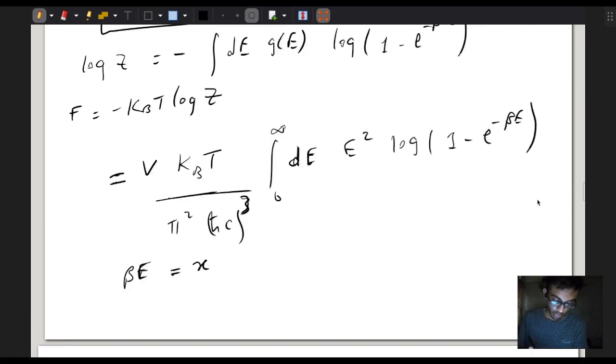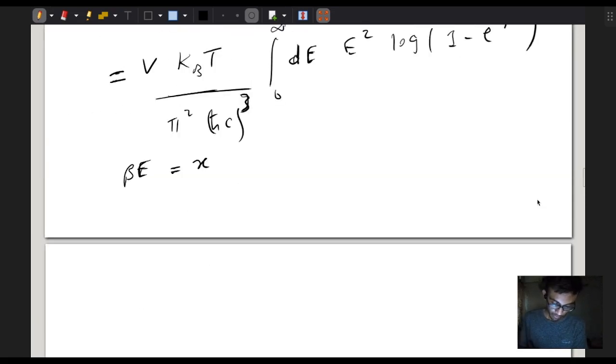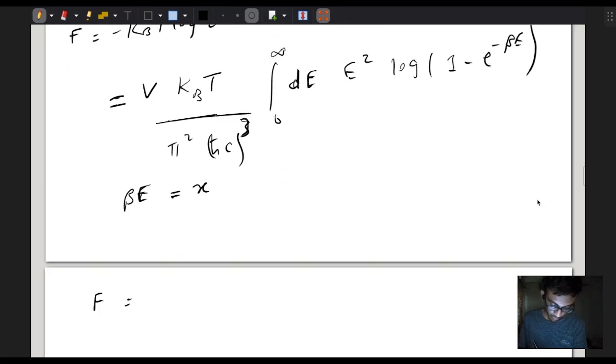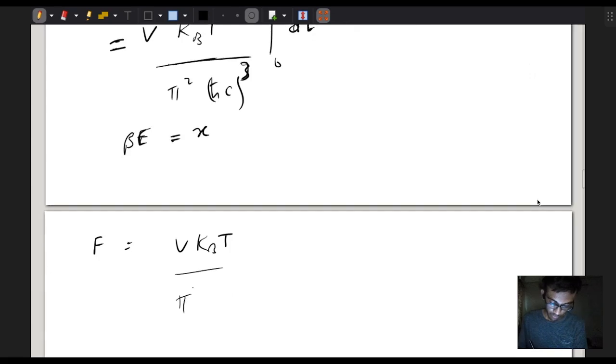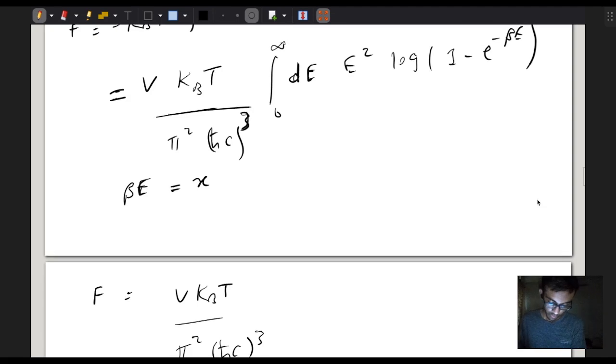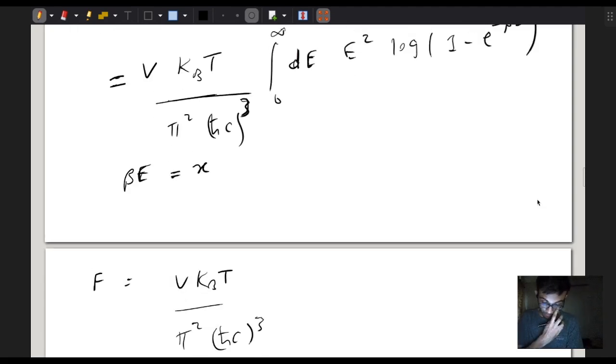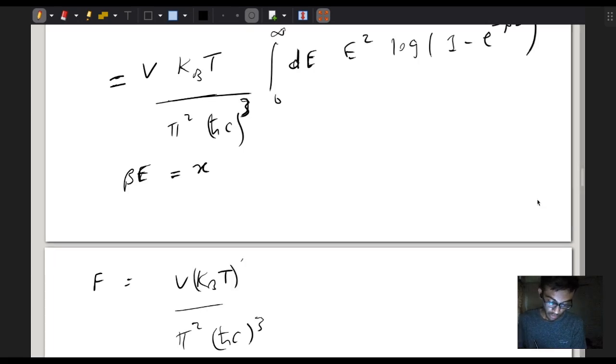Then the free energy will have a factor of kBT whole cube because of this change of variable. So finally we have kBT to the power 4, and this is the integral.